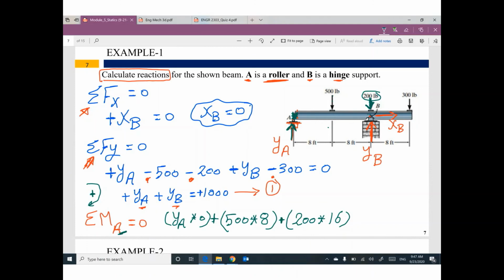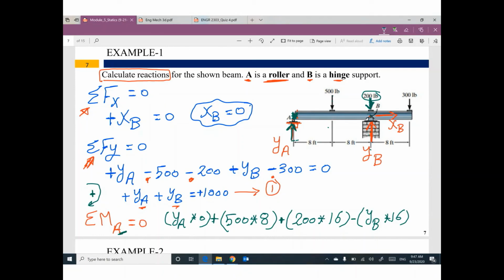Keep going, but remember, at point B we have vertical reaction YB. What is the distance between YB and point A? 16. But this direction is negative. Why?